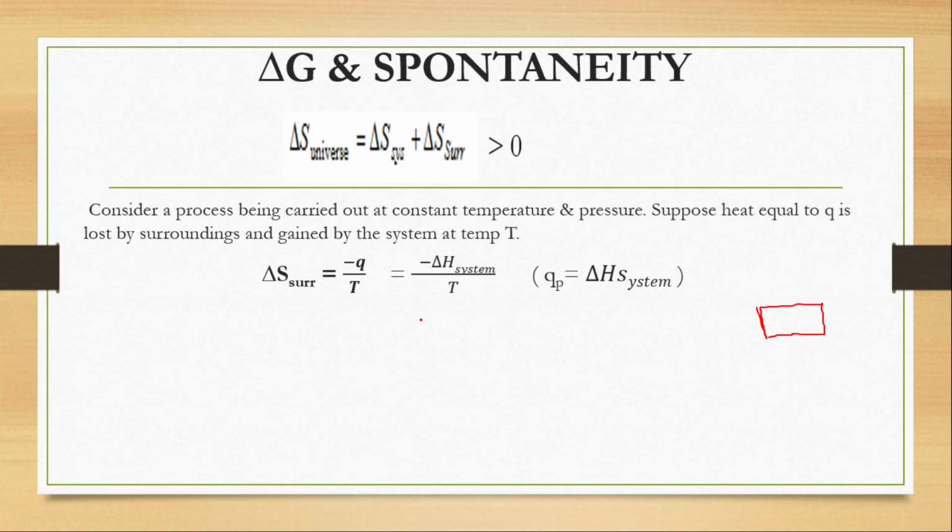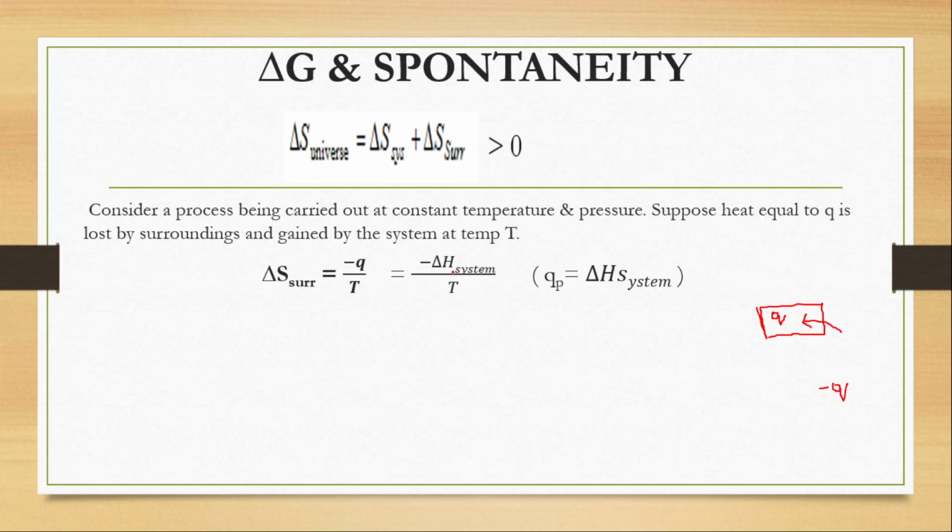Suppose a heat equal to Q is lost by the surrounding and gained by the system. So when the system is gaining heat, heat for the system becomes plus Q, and heat for the surrounding becomes minus Q because the surrounding is losing heat.